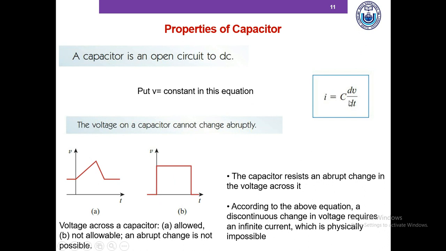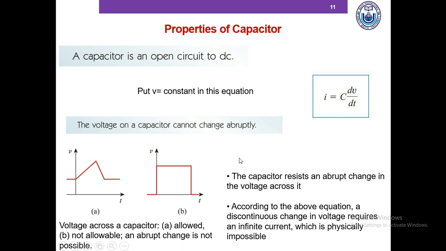So I equals C dV/dt can also be written as C del V divided by del T. Del V here has a certain value, let's say 10 volts, but del T here is 0, because it's instantaneously jumping from 0 to 10, which means the time required for this jump is 0, and something divided by 0 is infinity, which means the current is infinity, which is not possible.